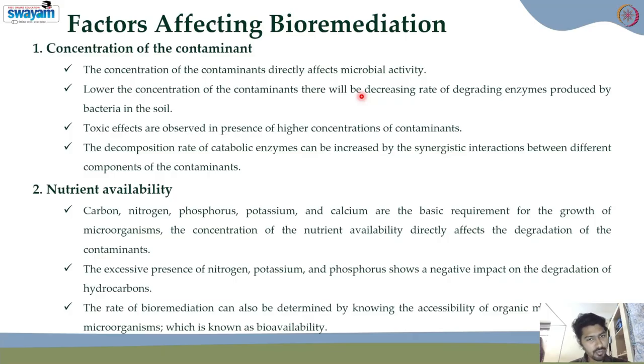Because in the case of dyes, the microorganism can deal with some 100, 200, even 500 ppm of dyes. But the same microorganism cannot handle the heavy metal presence, even at the millimolar level. So depending upon the pollutant and its concentration, it affects the bioremediation approach.